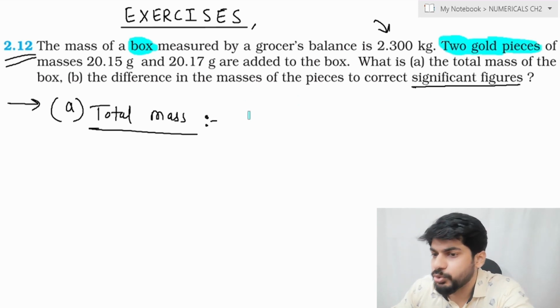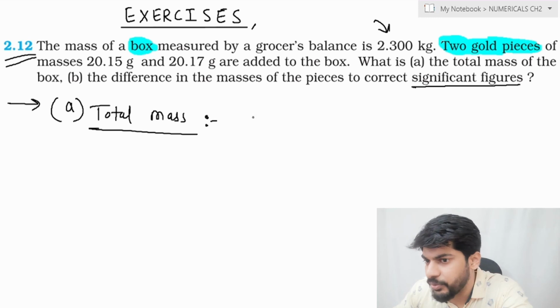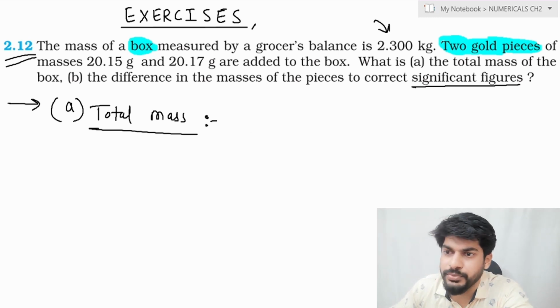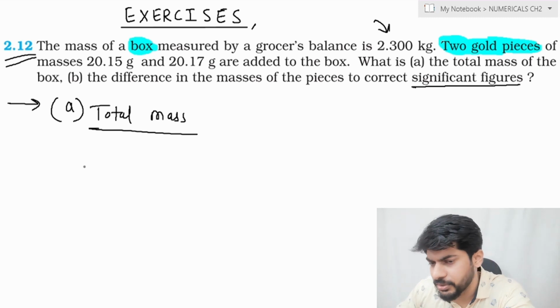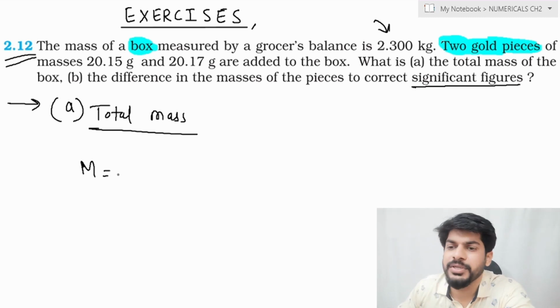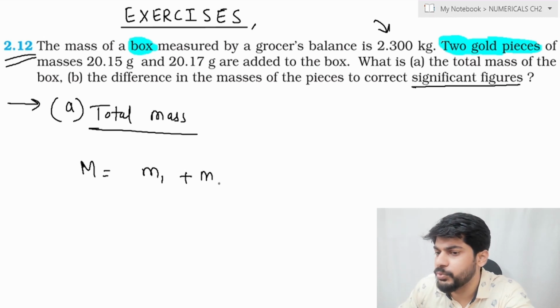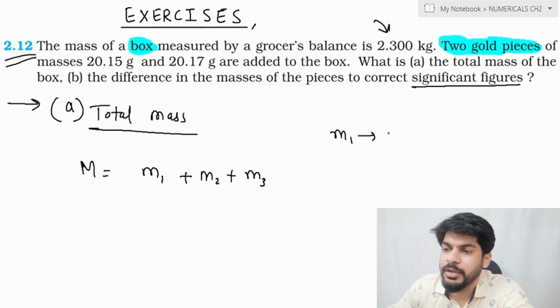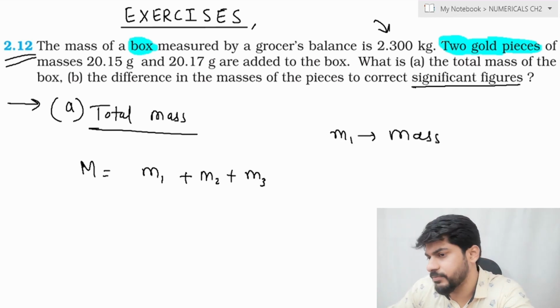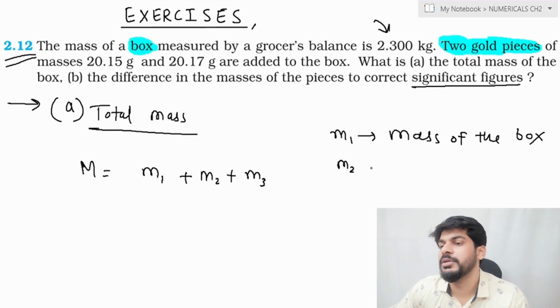So we have to write total mass, let's call it capital M, is equal to mass 1 plus mass 2 plus mass 3. Over here M1 is the mass of the box.